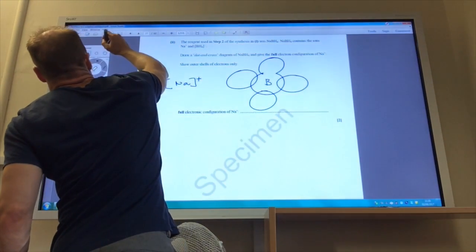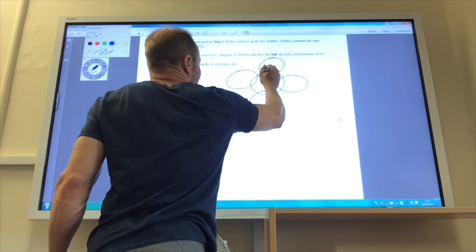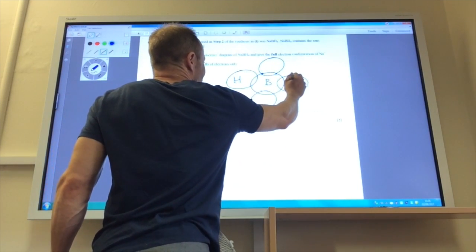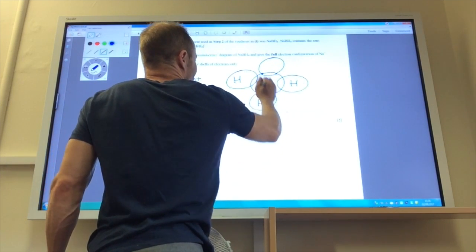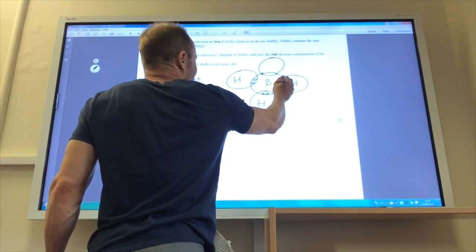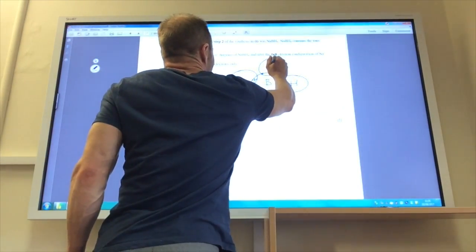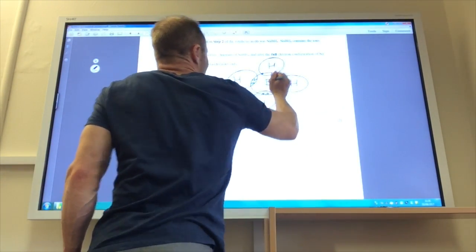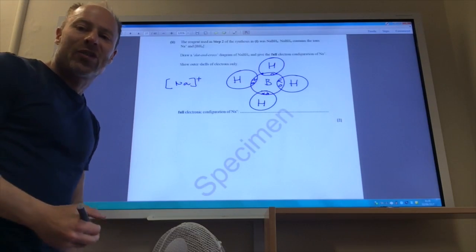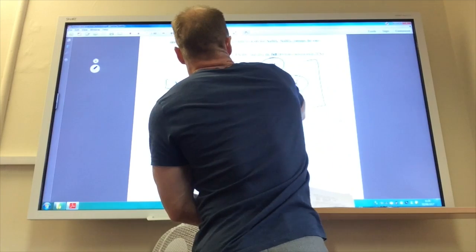Okay, so I've got an overlap there and an overlap there. So let's do 3 normal boron hydrogen covalent bonds like so. Now this other hydrogen is also donating an electron to that as well, but it's BH4 minus like so.